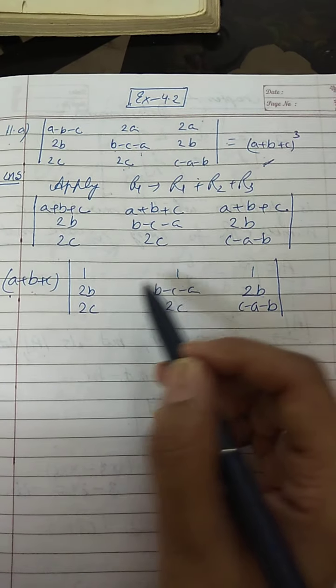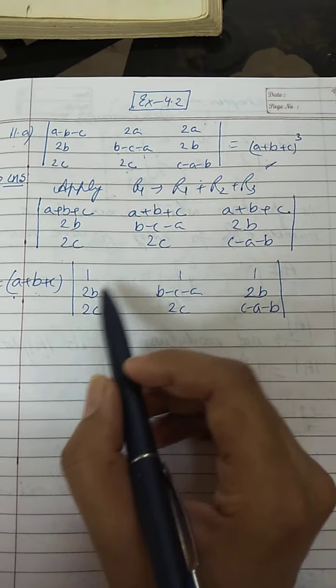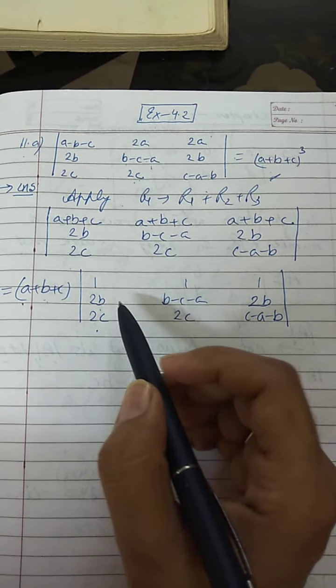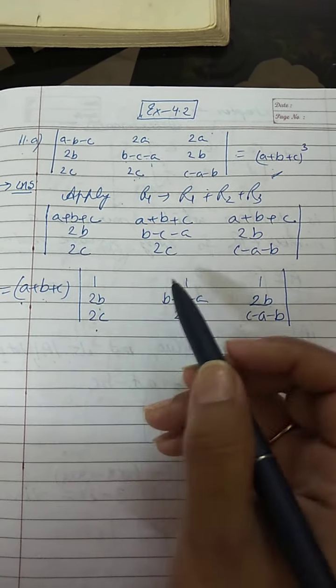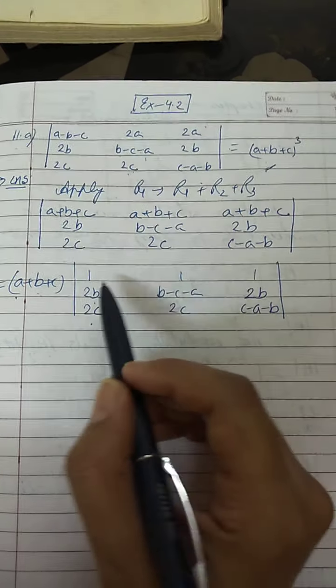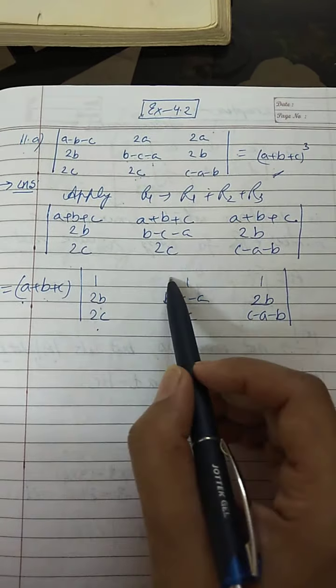And in the previous video I told you, whenever we have 1 1 1 along a column, we will make two ones as 0, and in order to do that, you can do R2 minus R1, R3 minus R1. But here the first row is 1 1 1, so I can make this element also 0, this element also 0 by subtracting this one from here and this one also from here, right?